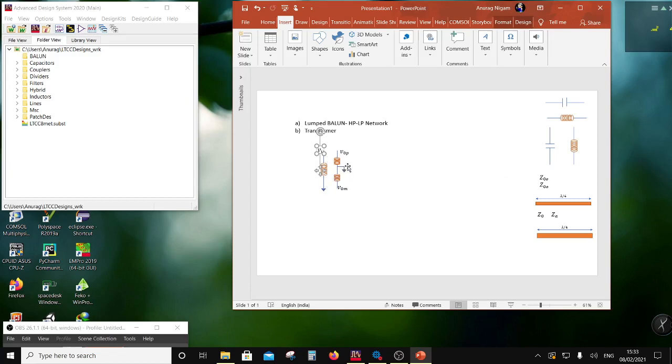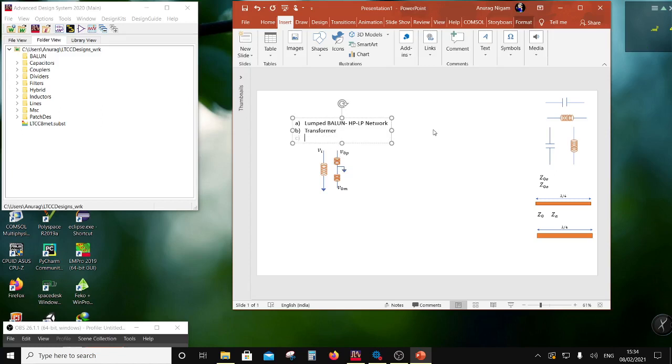And then you figure out a center tap, and that center tap would result in two differential signal outputs. The phase balance and the amplitude balance really depends on the tap, so it is very critical in the design of a transformer to figure out what should be the center tap. So that is the difficulty level.